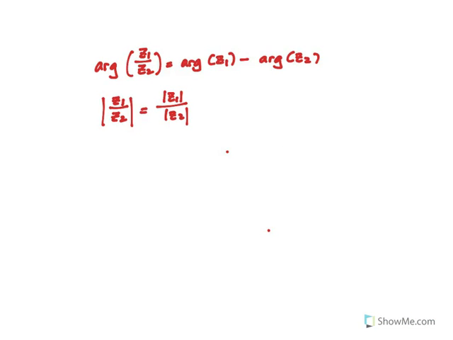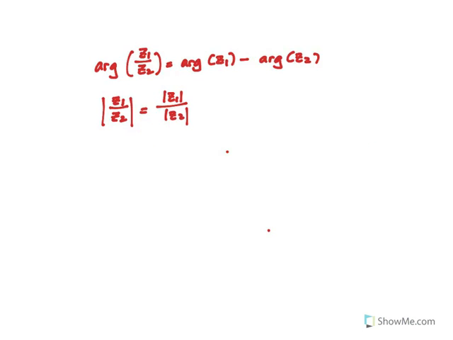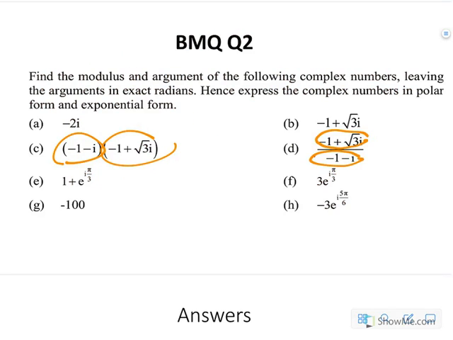So if you remember, this part D, the complex numbers, let's say I call them Z1 and Z2, are actually similar to your questions earlier on from part C. So from part C, we can take away that the argument of -1 minus i, if you recall, was -3 pi over 4, and the modulus of -1 minus i is equal to square root 2.